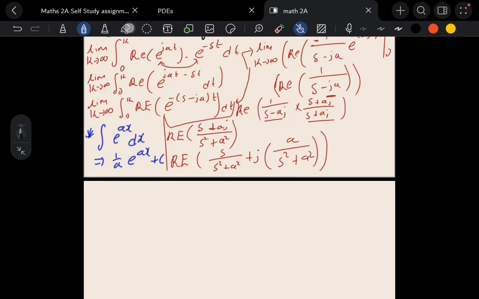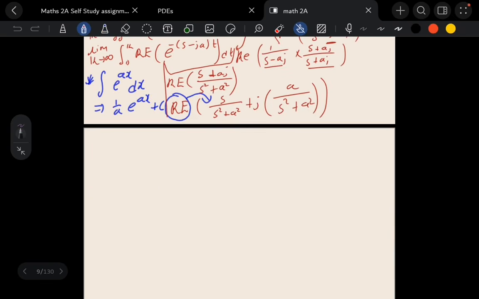It turns out, since we have written this Re, we are saying that you are choosing the real part of the solution.